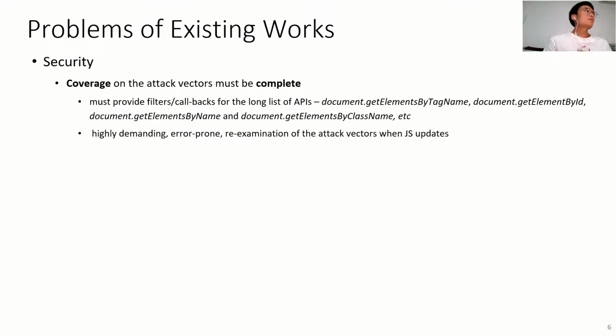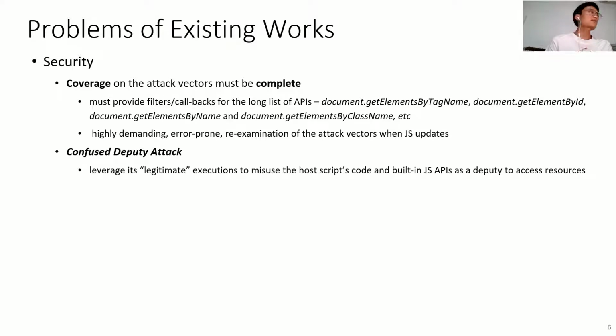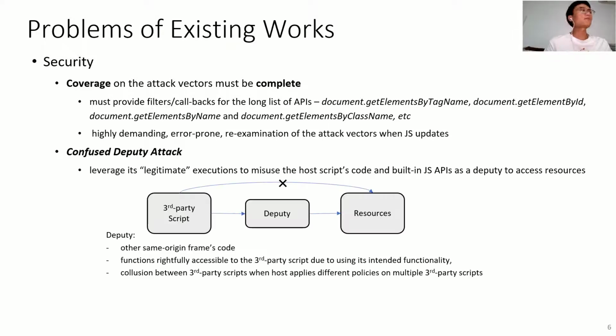However, both of these two kinds of existing works have some shortcomings. One security concern is that they need to cover all attack vectors. Achieving complete coverage of the attack vectors is highly demanding, error-prone, and requires re-examining the attack vectors when JavaScript updates. The second security concern is the confused deputy attack.